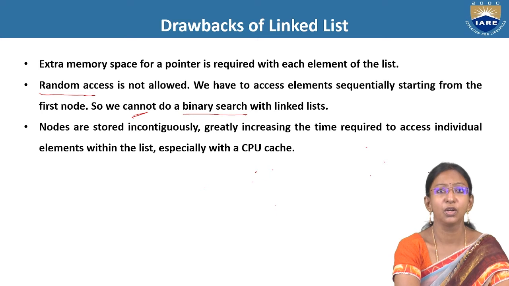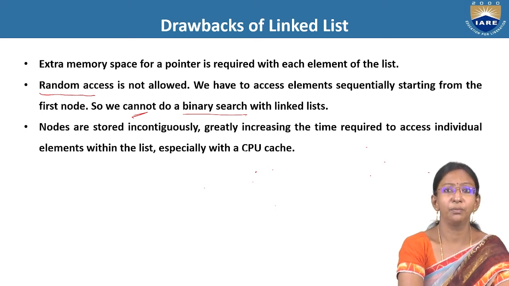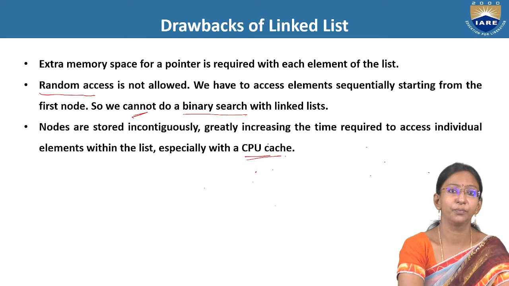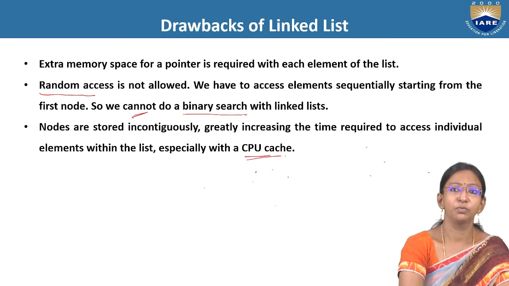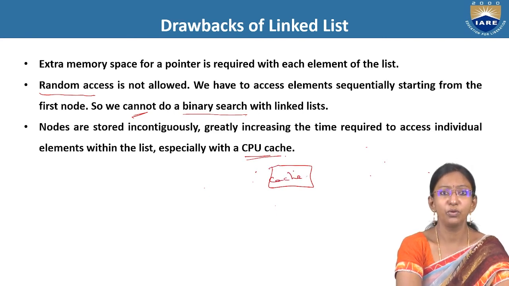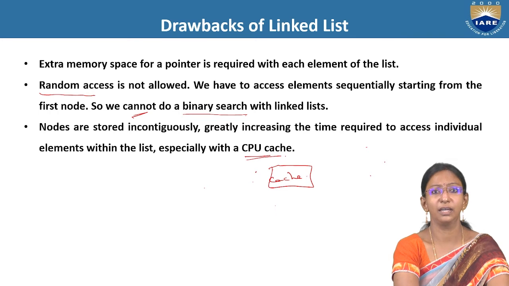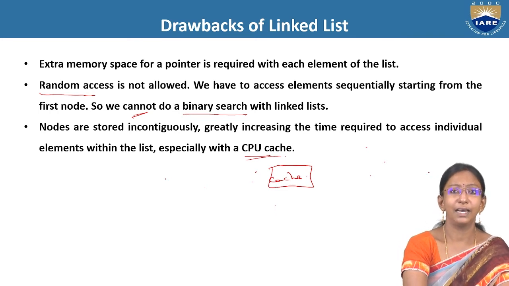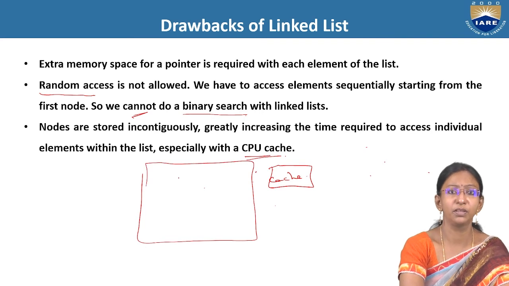So we cannot implement CPU cache memory using a linked list. Cache, what do you mean by cache memory? It is a small memory which stores the most frequently used content, so that rather than searching for an element in the main memory, in the huge memory, you just go to the cache and search.